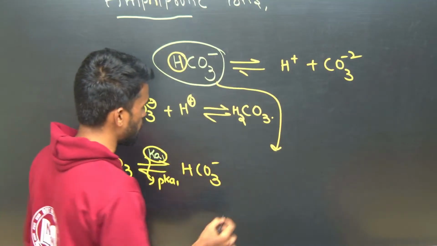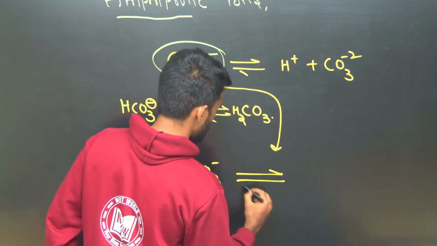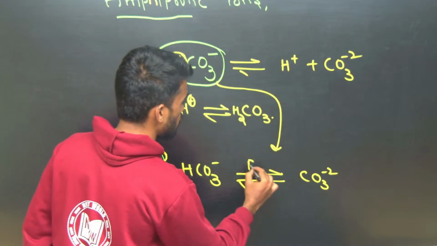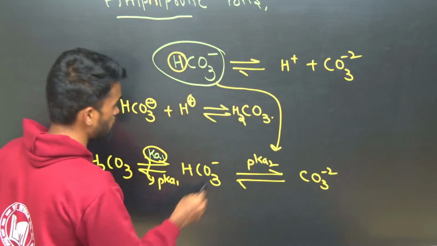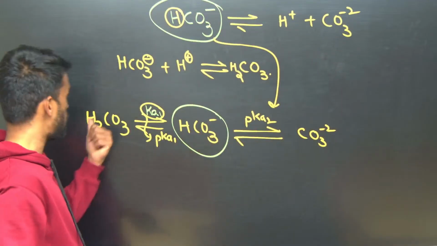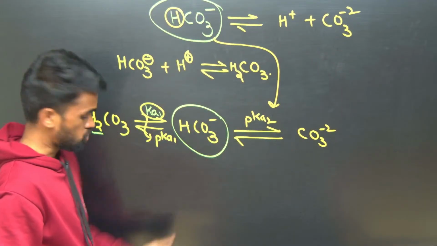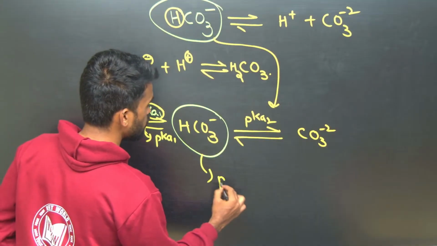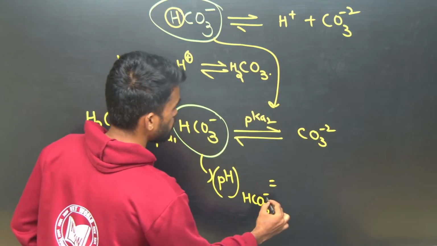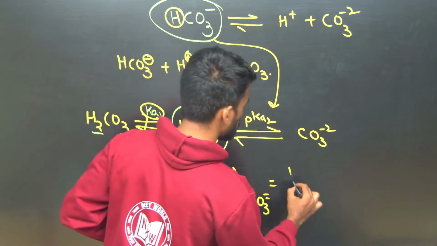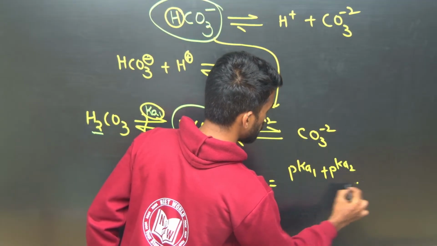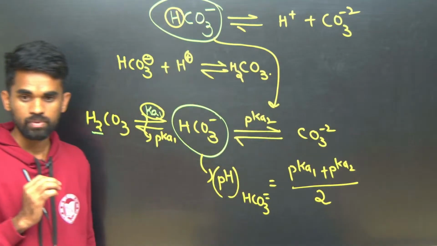If it releases one more, we get CO3 2 minus, so that is pKa2. Now I am asking the pH of this middle one, the amphiprotic ion, not this, not this. So the pH is the average of these two: pKa1 plus pKa2 by 2. That's it.